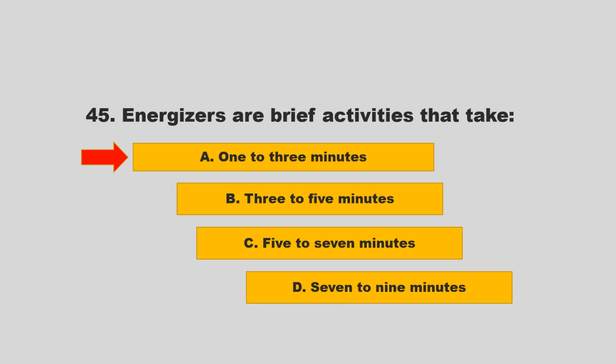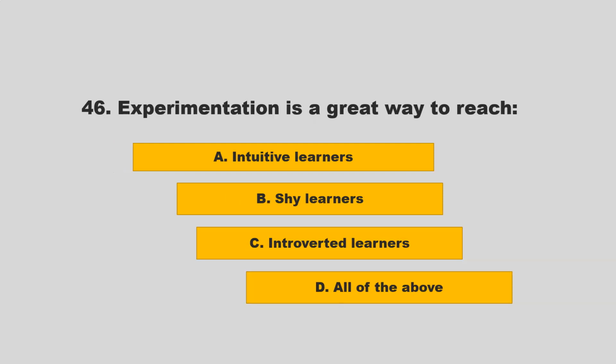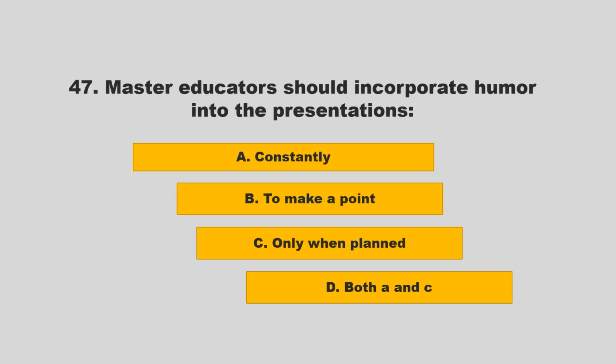If you chose A, 1 to 3 minutes, you are correct. Experimentation is a great way to reach intuitive learners, shy learners, introverted learners, all of the above. If you chose A, intuitive learners, you are correct.